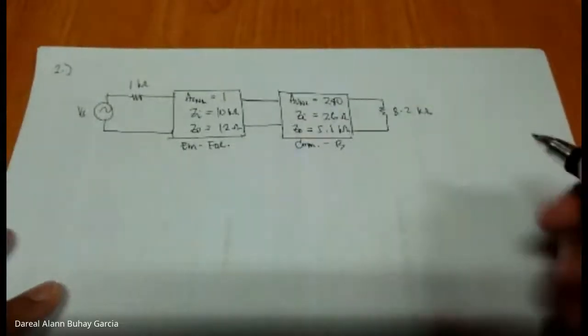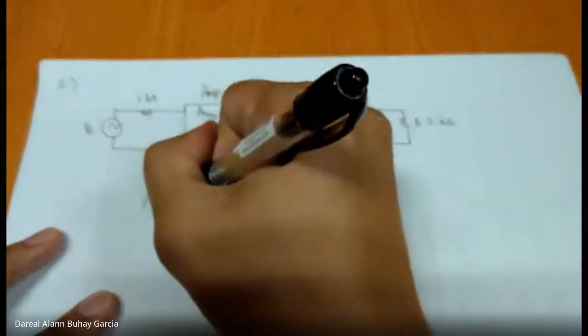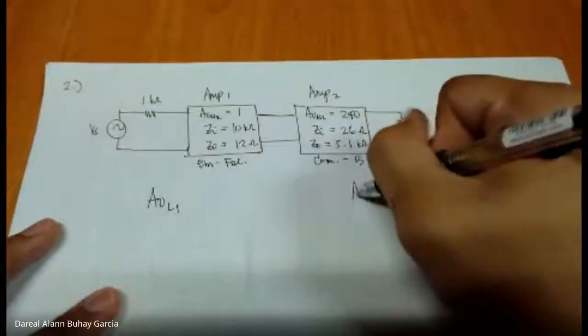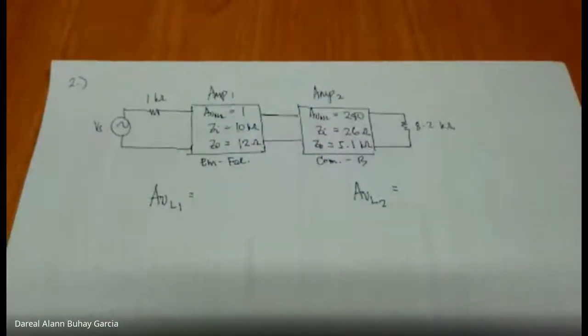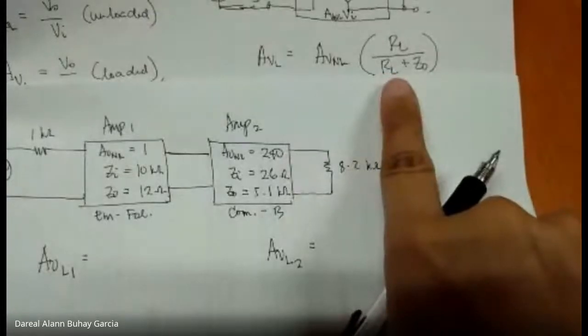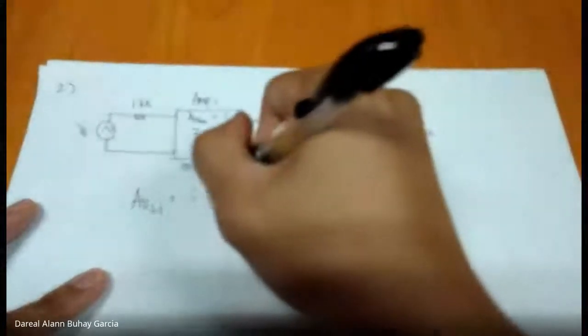So the first question: the loaded gain for each stage. The loaded gain, AVL, for amplifier 1 and amplifier 2: AVL1 and AVL2. The formula for AVL is AVNL times RL over RL plus ZO. AVNL is 1 times RL.